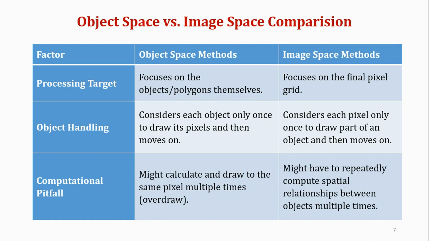Taking the computational challenges or drawbacks, object space methods may repeatedly draw the same pixel location, causing some additional computation. Whereas in image space methods, they may repeatedly compute the visibility information for many pixels. One picture may contain a number of pixels, so it has to do the same process for each pixel. That is also a drawback. So that is the comparison.